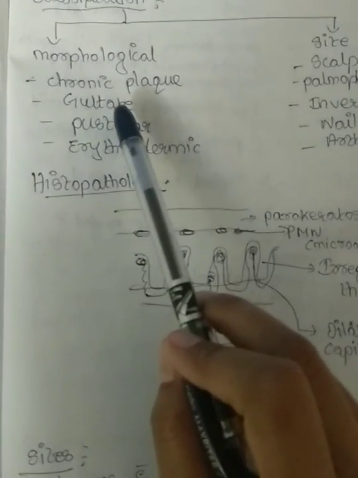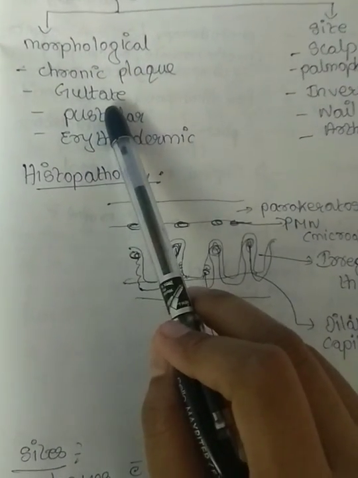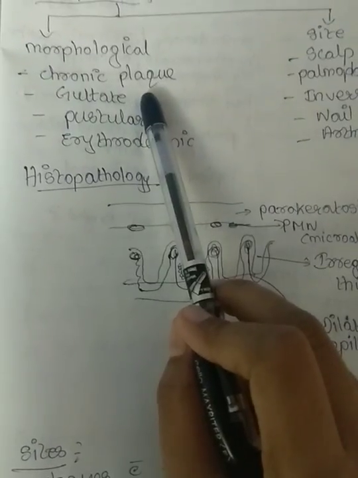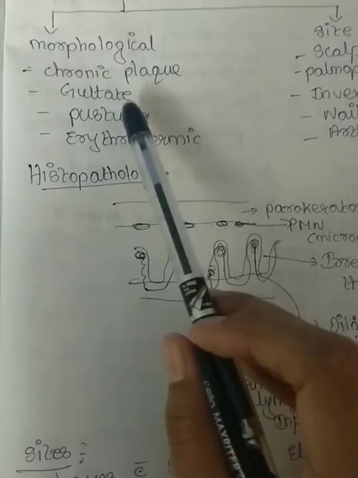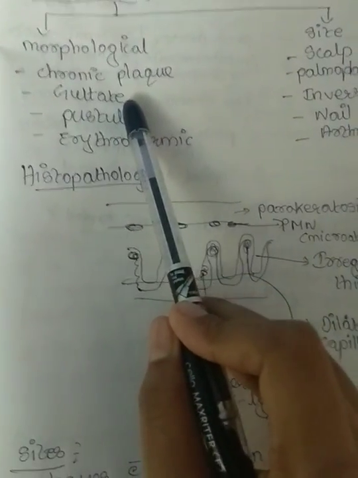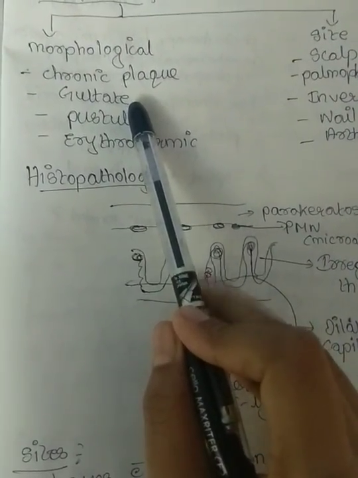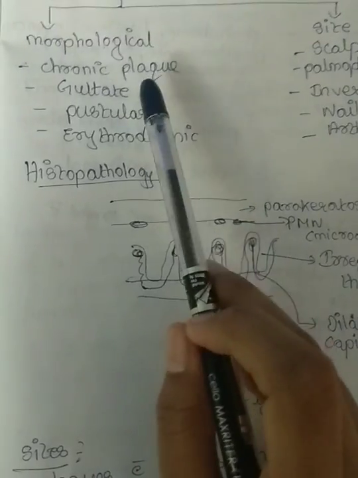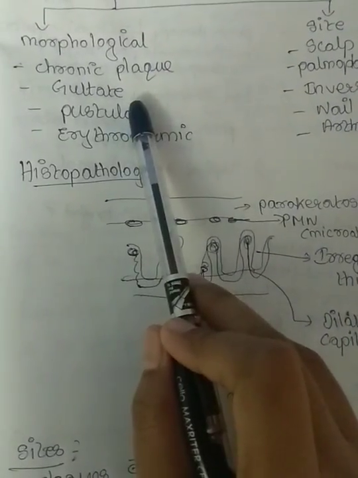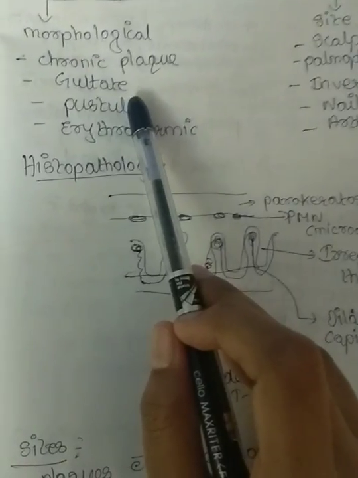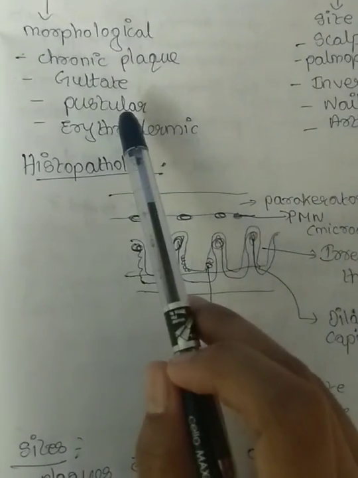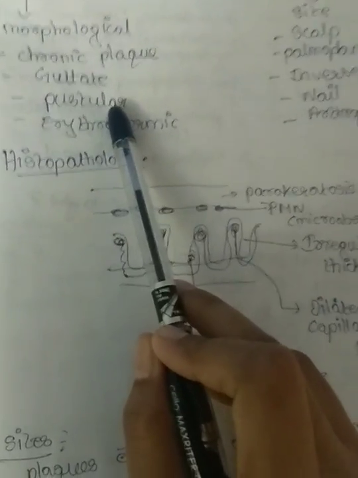Next, guttate. Guttate means drop-like, and I'll be showing you the picture. It is less than 1 centimeter in diameter. The treatment for this is phototherapy and antibiotics for the sore throat that precedes it. Next, pustular type, which is a life-threatening condition.